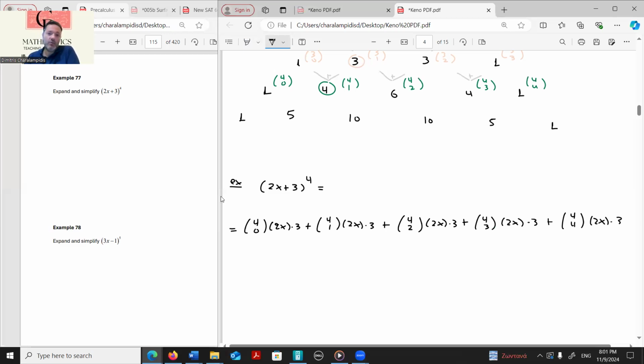Now it's time to put the exponents. Remember that whatever the number is down there, the same will be the exponent of b, in this case number 3. If it is 1, it should be 1. If it is 2 down there, it should be 2. If it is 3, it should be 3. If it is 4, it should be 4.